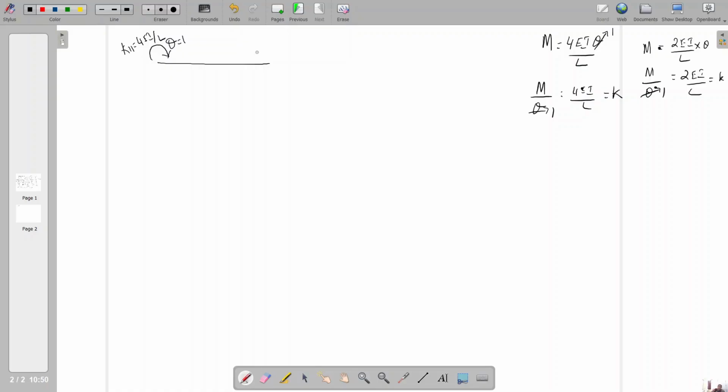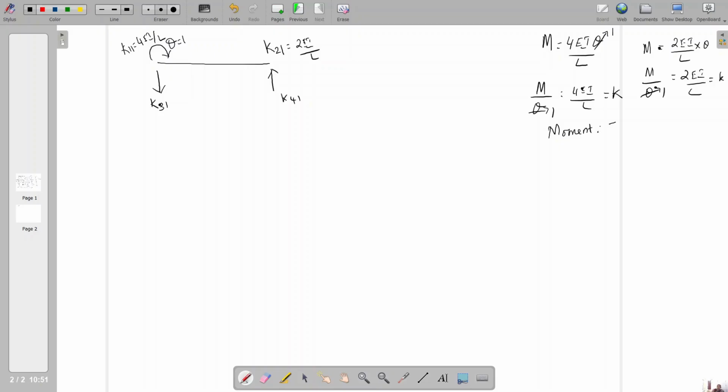So here at B support, K21 equal to 2EI by L. So we have calculated K11 and K21. We need to calculate K31 and K41.